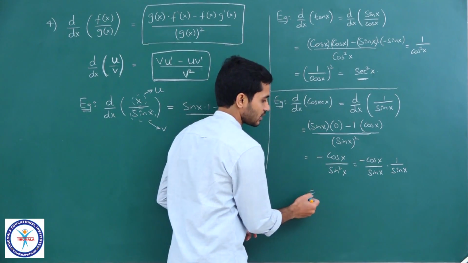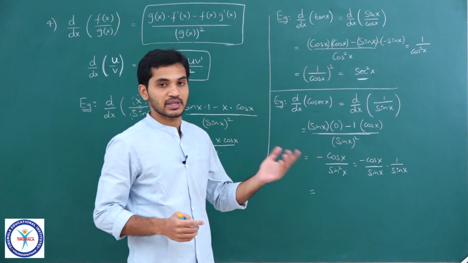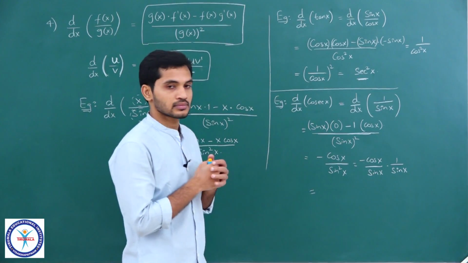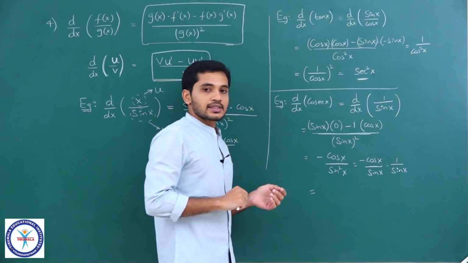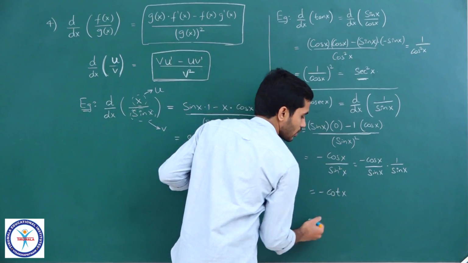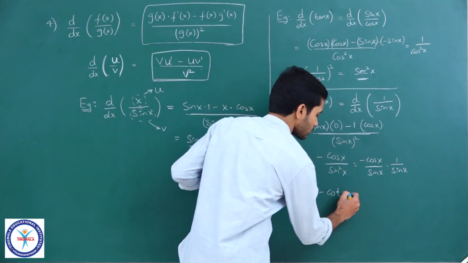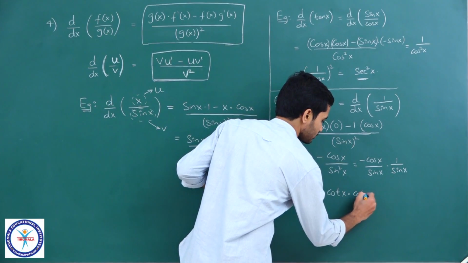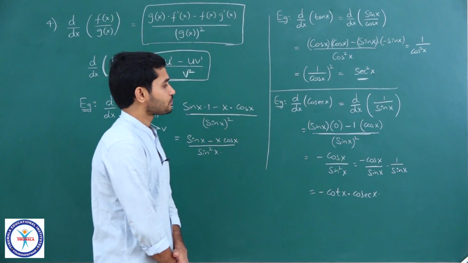So, what is the final result? Do you know what cos x by sin x is? Cot x, right? So, that would be cot x into 1 by sin x. What is 1 by sin x? Cosecant x. Clear students? So, that is the idea.